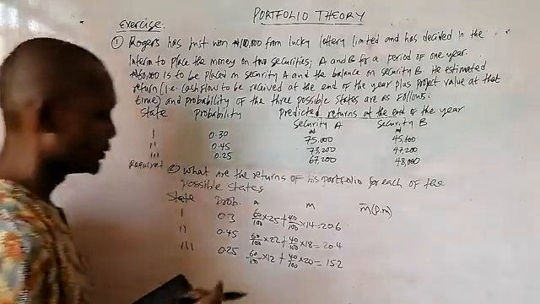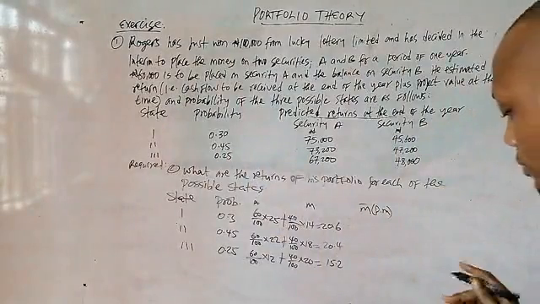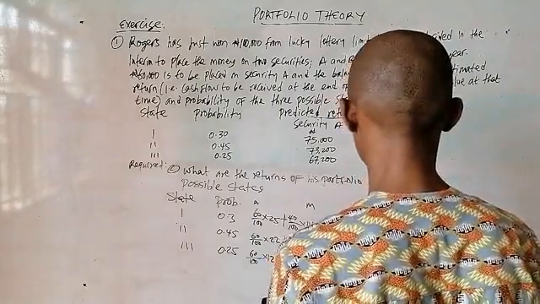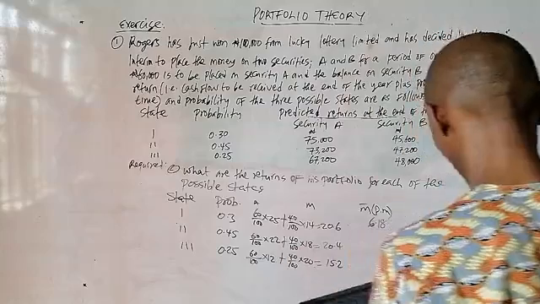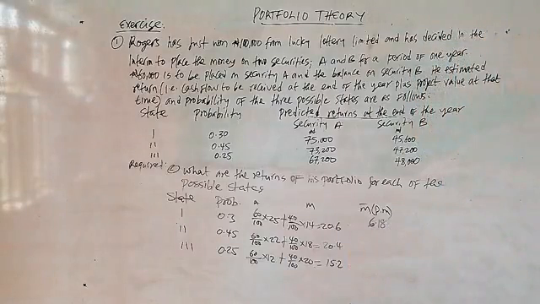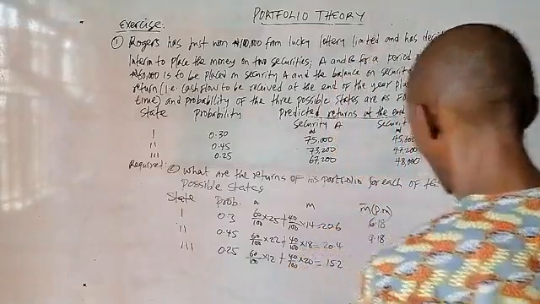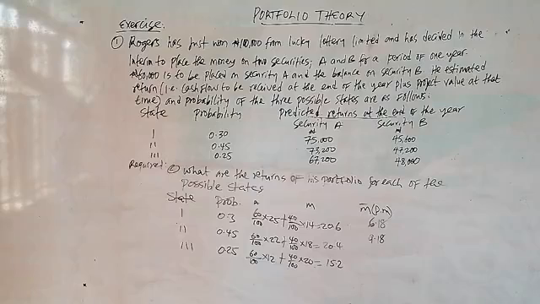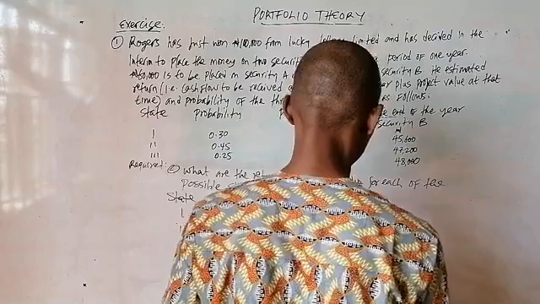So 0.3 times 20.6 is 6.18. 0.45 multiplied by 20.4 gives 9.18. 0.25 multiplied by 15.2 gives 3.8.